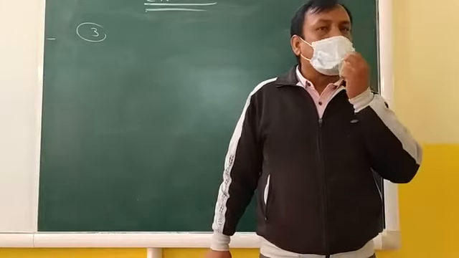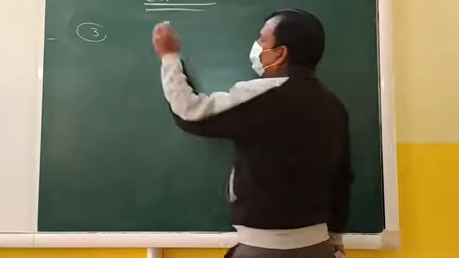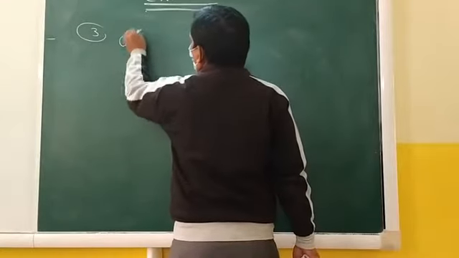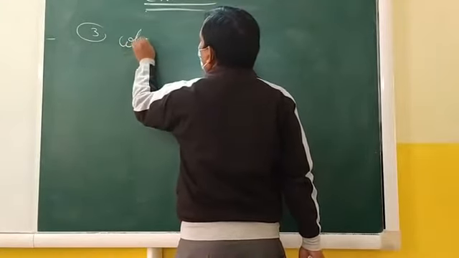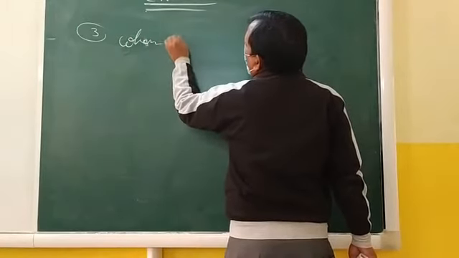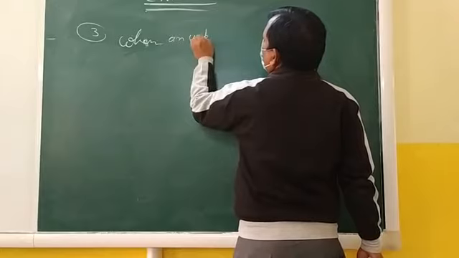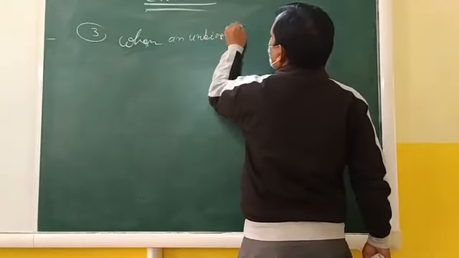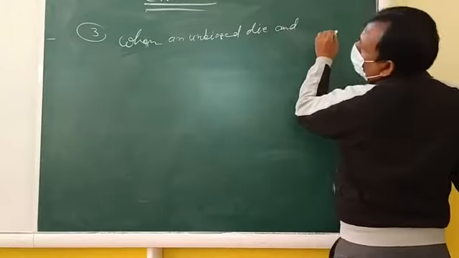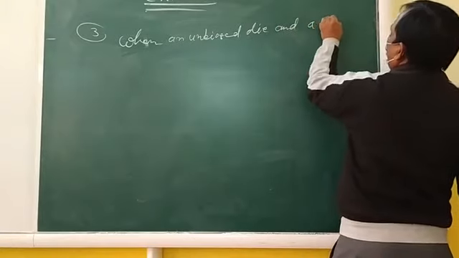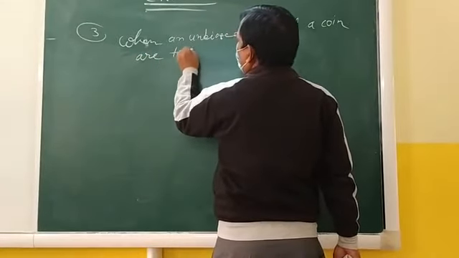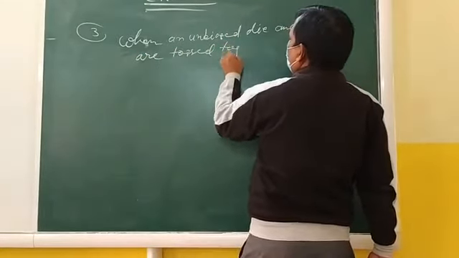Right? Okay. So let us write the sample space when an unbiased die and a coin are tossed together.